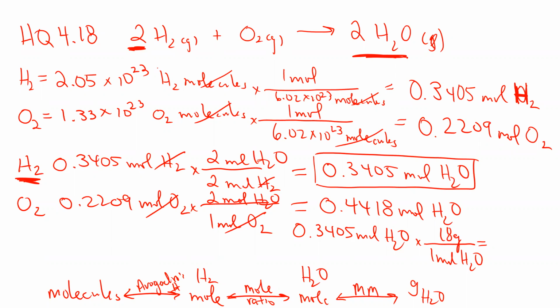So 0.3405 times 18. I'm going to make about 6.13 grams of water in that reaction. Three significant figures based on the three significant figures that were given to us with the number of molecules.